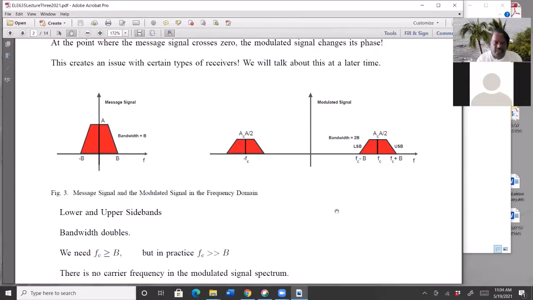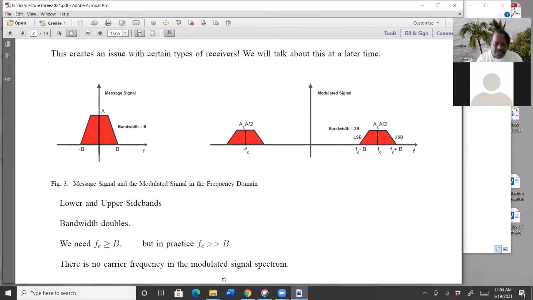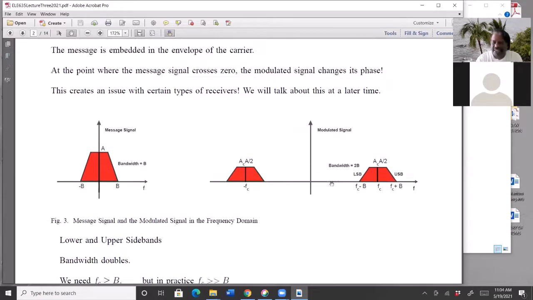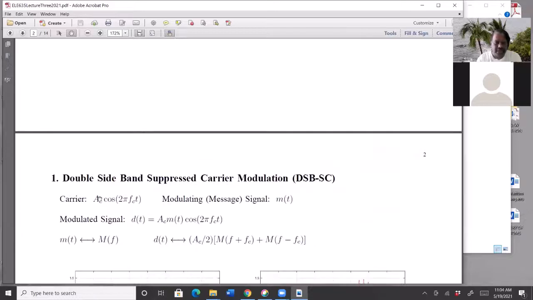We don't see that. So it is very important. Carrier frequency does not participate in the spectrum of the DSBSC signal. Okay. The only contribution is this constant going and multiplying. But you don't see the spectrum of this.